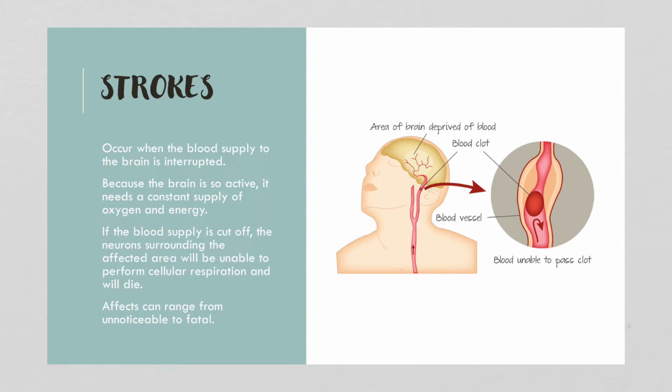So if a blood supply to a portion of the brain is cut off, the neurons surrounding that area will be unable to perform cellular respiration. If you can't perform cellular respiration, you die. And the effects of a stroke can range from unnoticeable to fatal, depending on how much of the brain is affected and where in the brain the stroke takes place.